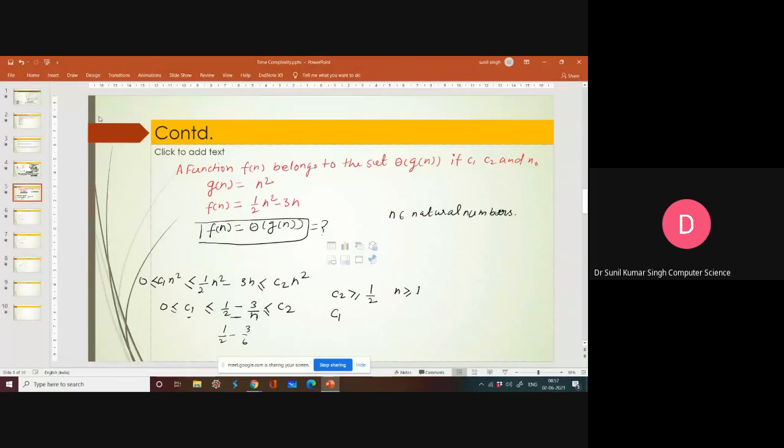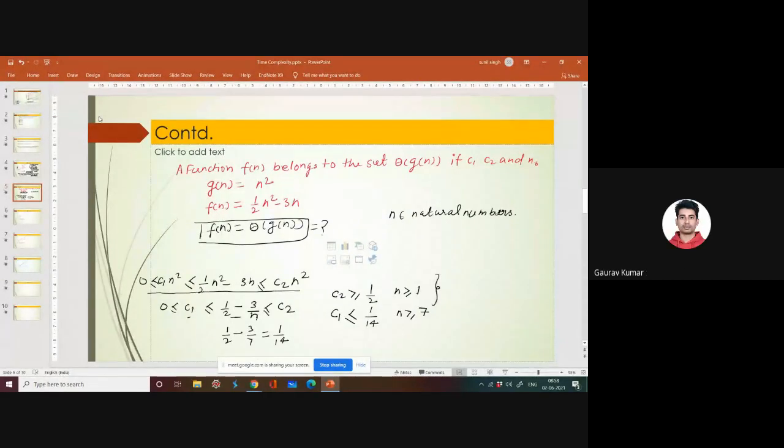Now if we take n equal to 7, let me tell you, computing 1 by 2 minus 3 by 7 gives 1 by 14. So if we choose C1 less than or equal to 1 by 14, and n greater than or equal to 7, then this condition is going to hold.